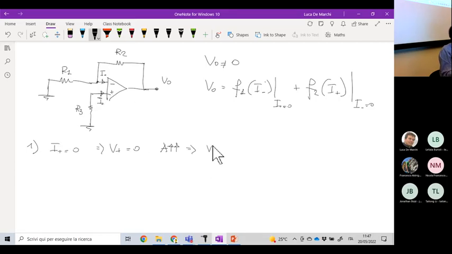So we can assume that also V minus is equal to 0. If V minus is equal to 0, this means that the voltage drop across R1 is also equal to 0.